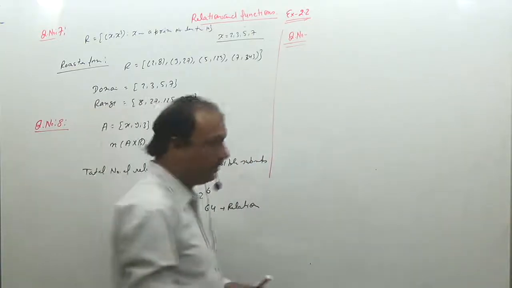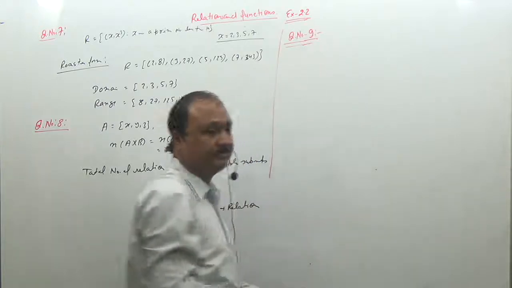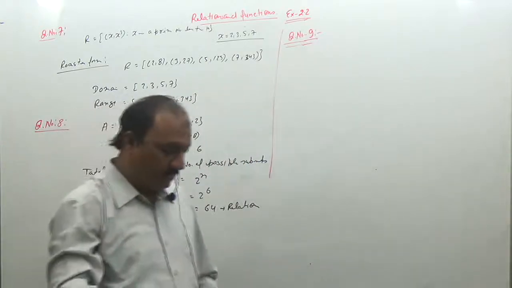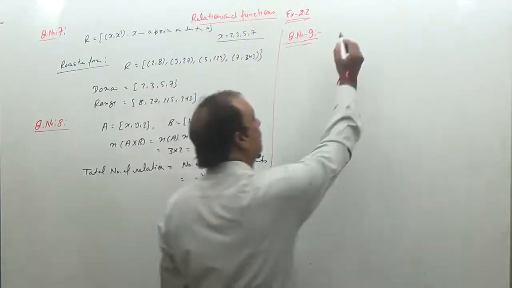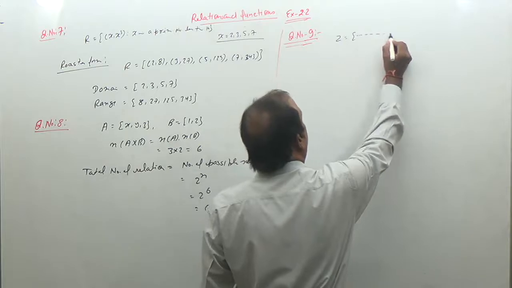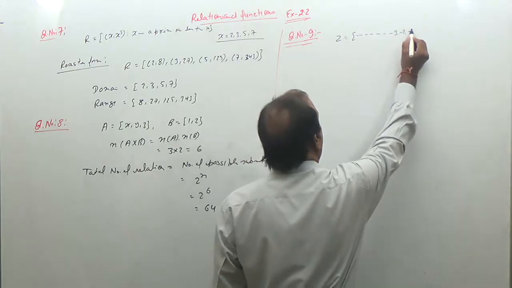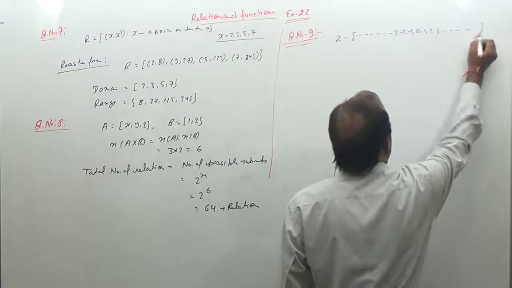Next is question 9. Let R be the relation on Z. So we can say that the given set is Z: ..., -3, -2, -1, 0, 1, 2, 3 and so on.